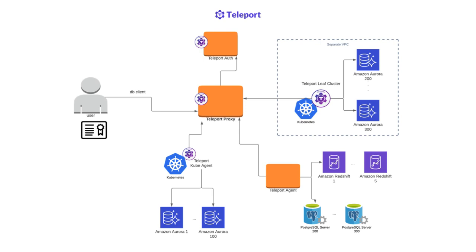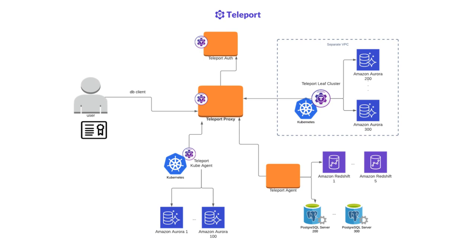So again, we have the proxy and the auth where the user connects into. But if you look in the upper right, we have the Teleport leaf cluster. So that's an example of, let's say I'm running the Teleport server in the Virginia area, and that's connecting to various databases, whether using a Kubernetes agent or say an EC2 agent.